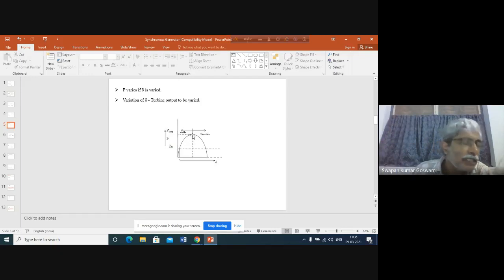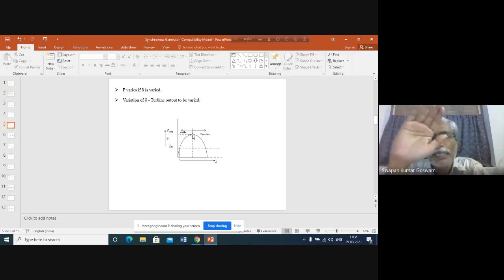Assuming that there will be no oscillation, and very slowly we are changing the input power to the generator, so small is the change that the oscillation of the generator rotor is almost negligible. If we can neglect that oscillation, then only you can say that the maximum permissible position of the input power line will be delta equal to 90 degrees. And since it is the maximum permissible position, this will be the permissible position of the output power line also.